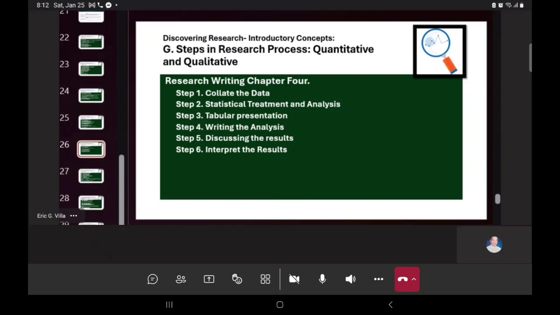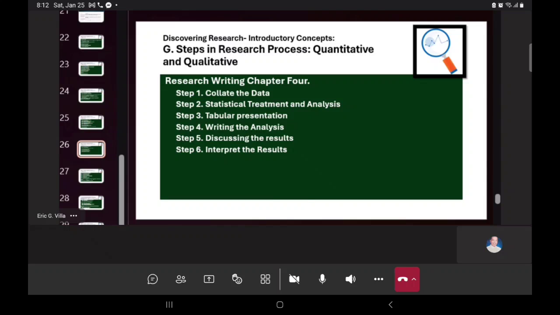While discussing the results, it should be a contextualization of findings, and there should be a comparison with existing literature, or it explains patterns and trends, and of course, addresses research objectives.